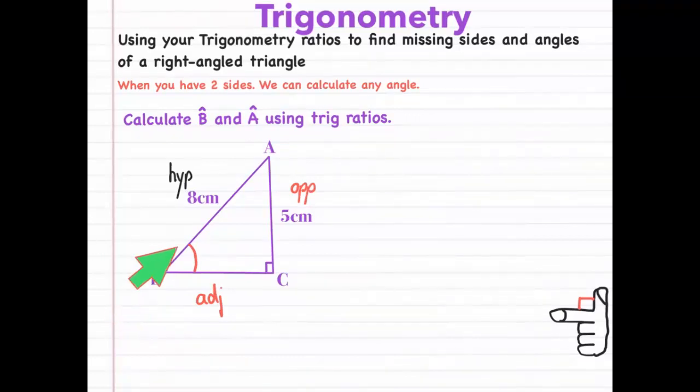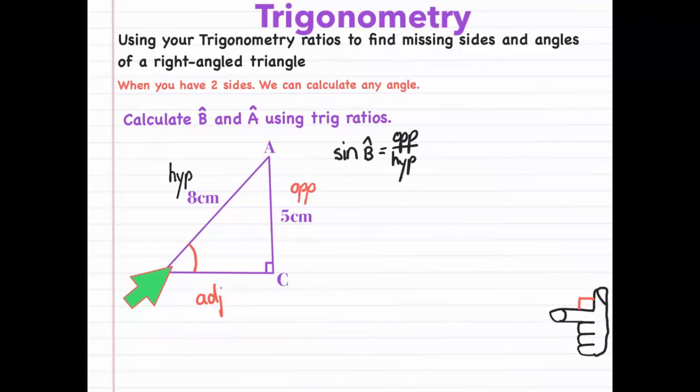Now here we have two sides and I want my angle. So we are going to use these two sides. Now what ratio do you know that has an opposite side and a hypotenuse? It's the sine of this angle, right? So let me write that down. So the sine of angle B equals my opposite side divided by my hypotenuse.